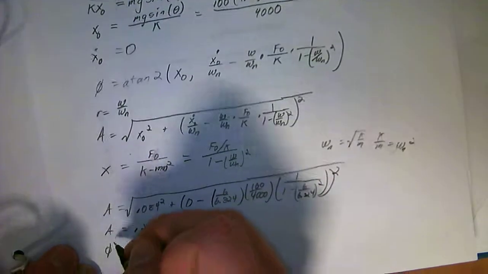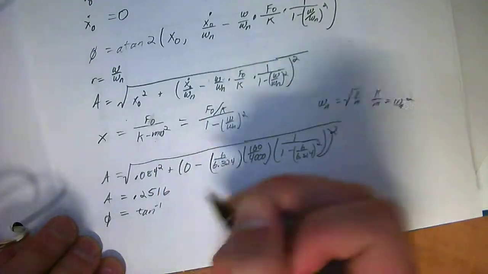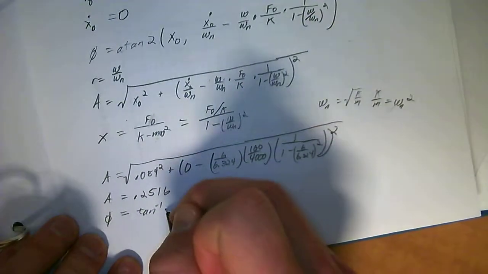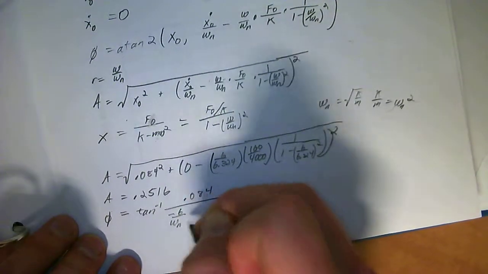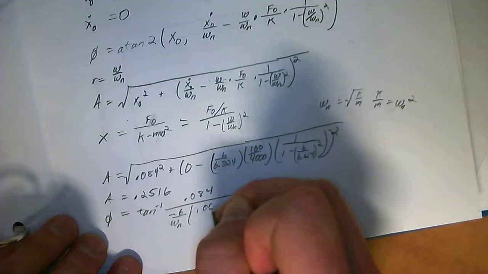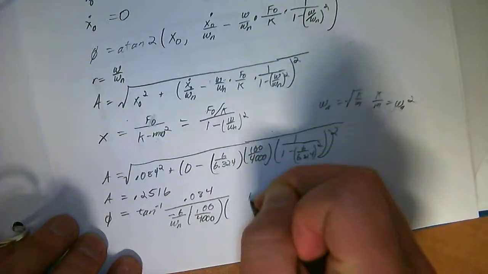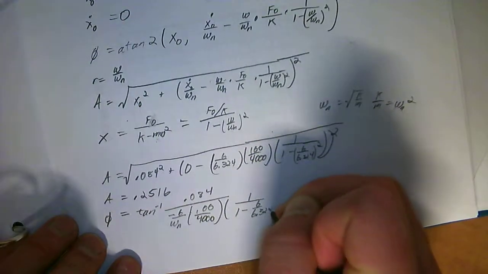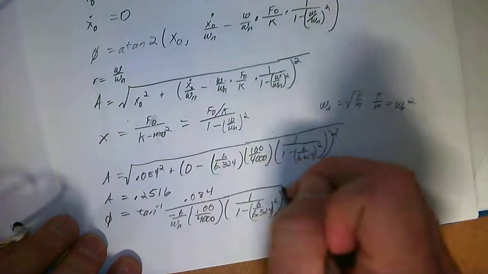Phi is equal to tangent inverse, or atan2 if you're using MATLAB, 0.084 all over minus 6 all over omega n. I'm not going to show all this out because you guys know what the values are. 4,000 all over 1 minus 6 all over 6.324 squared, all over that.